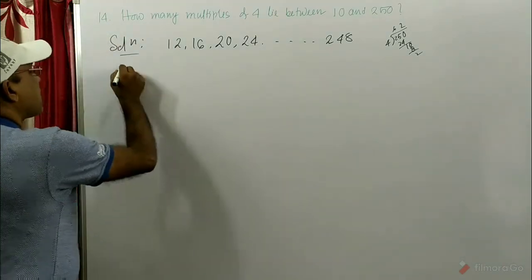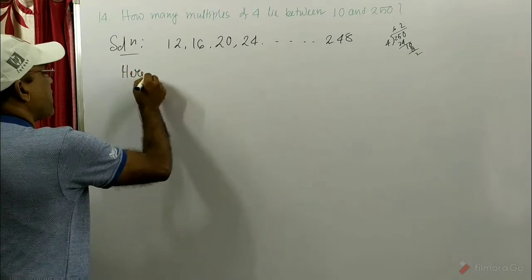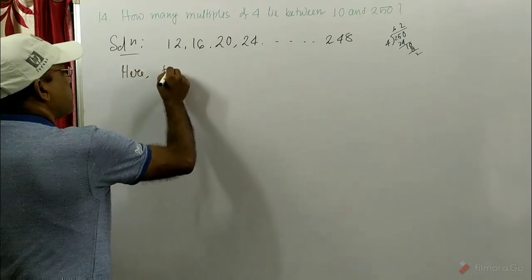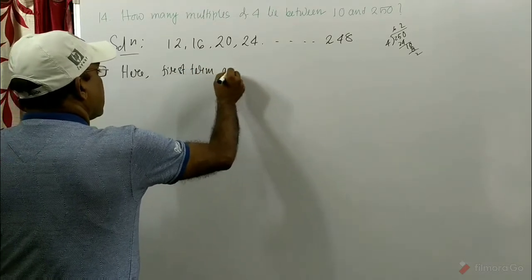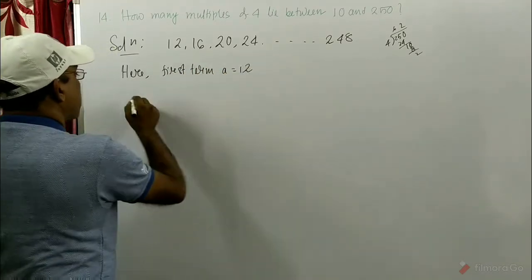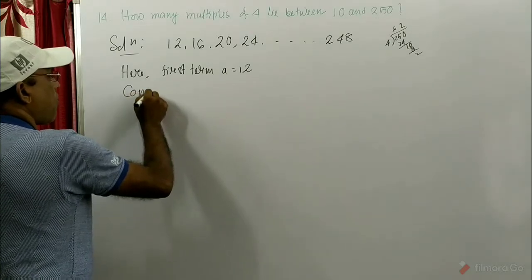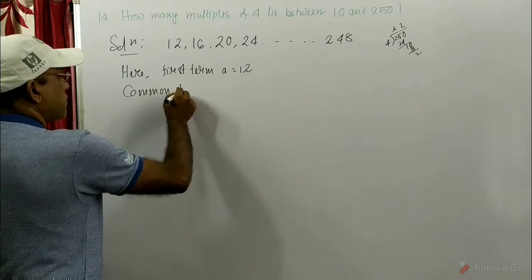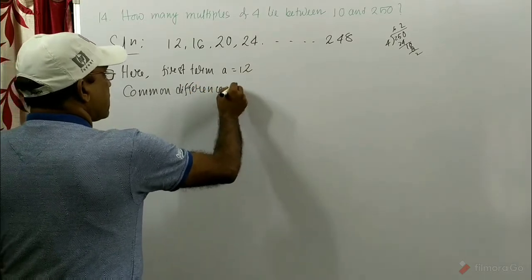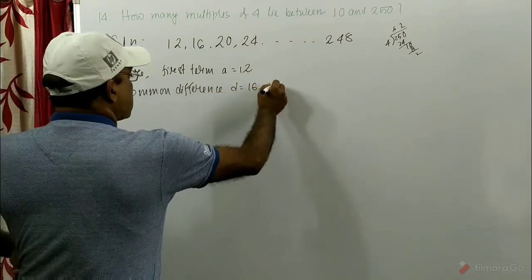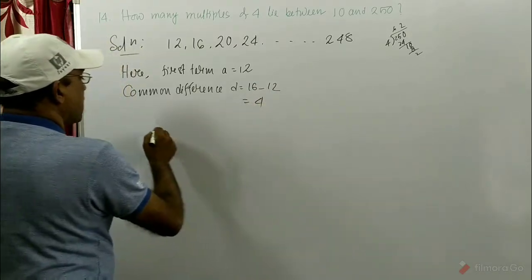Here, obviously, they are in AP. The first term a equals 12. The common difference d equals 16 minus 12, which is 4.